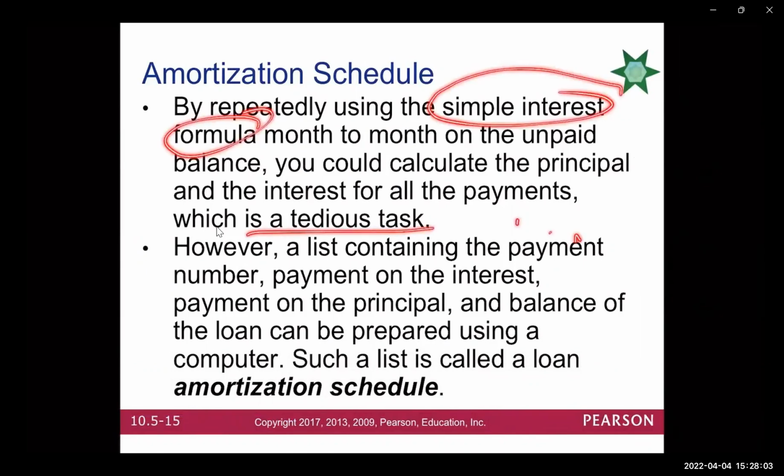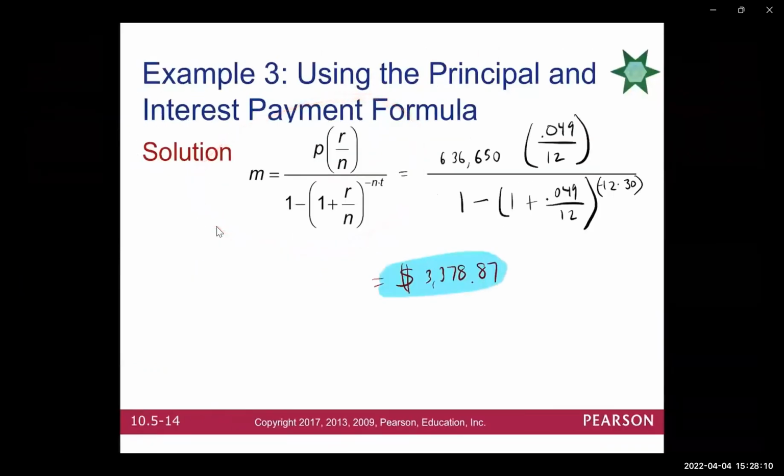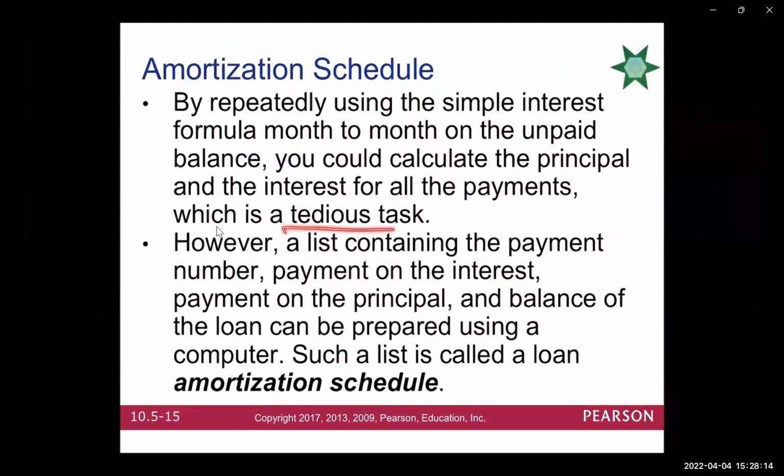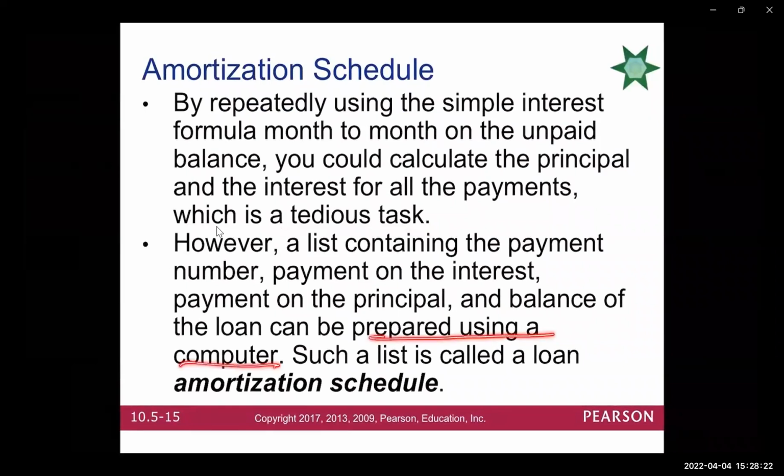You would have to do it 12 times every year, and it was just a lot of work. But this does it all for you in one calculation. However, a list containing the payment number, payment on the interest, and payment of the principal can be prepared using a computer. Such a list is called a loan amortization schedule.